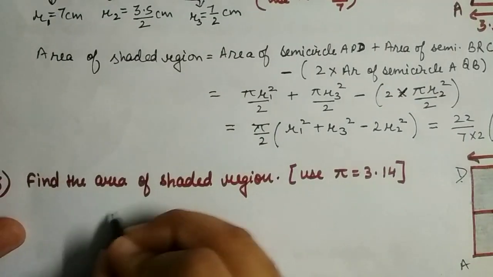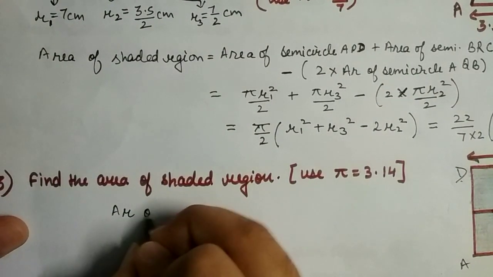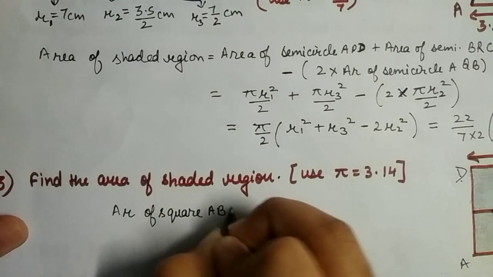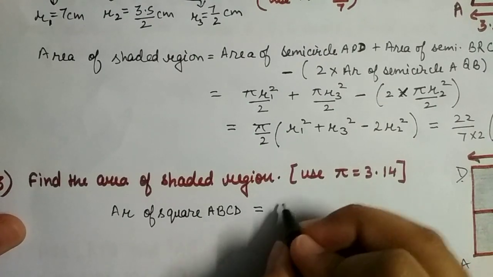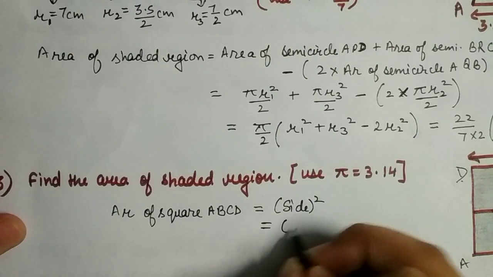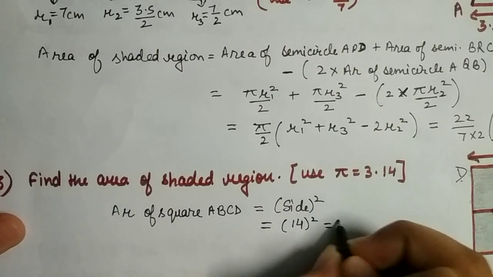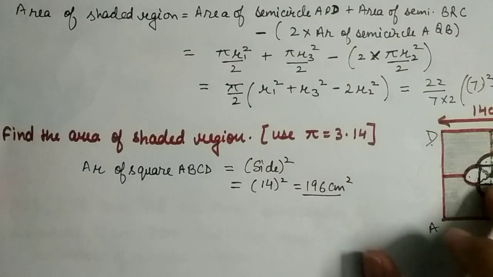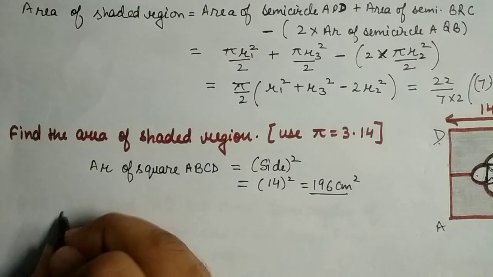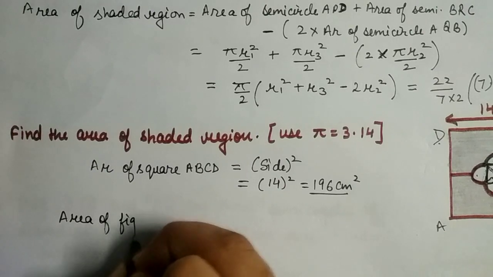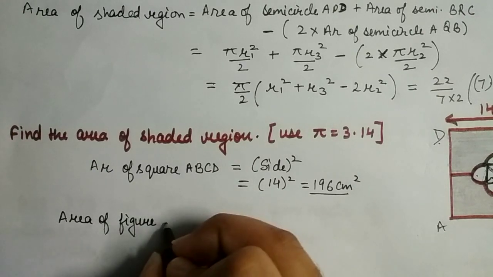Okay, so first of all let us find out area of square ABCD. ABCD is the big square. It is side square, side is 14 centimeter. So area is 14 square, that is 196 centimeter square. It is the area of square ABCD. Okay, now area of this figure, area of figure, that is a flower like figure.